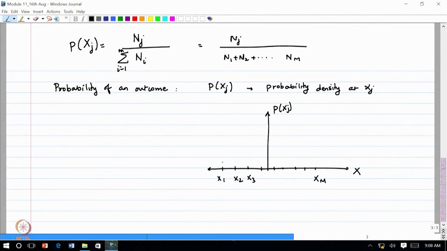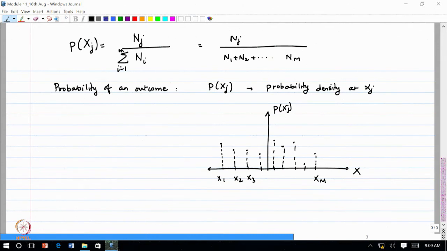So, p of x 1 I will plot here, and let us say p of x 1 is some value, p of x 2 is some value, x 3 might be something else, x 4 might be something else, x 5 might be something else. So, these are the probabilities. On this axis I am showing the probabilities, and you can show them as such graphs. This is sometimes called the histogram of x. But essentially what you are plotting is probability versus x.